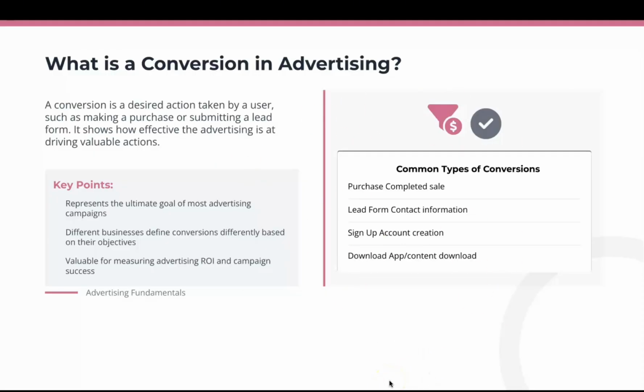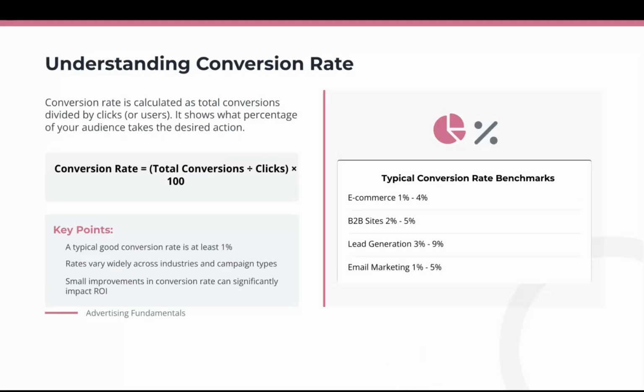Now, understanding conversion rate is super important. It's very important to understand how conversion rate is calculated and what a typically good conversion rate percentage is. We've already gone over this, but to reiterate, conversion rate is calculated as the total conversions divided by clicks or users.